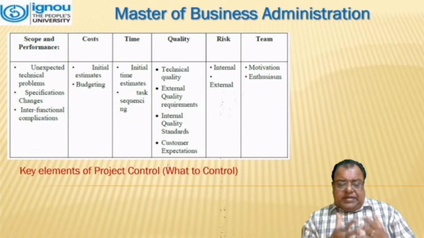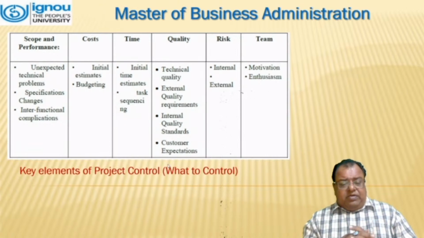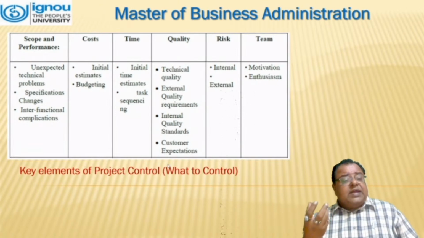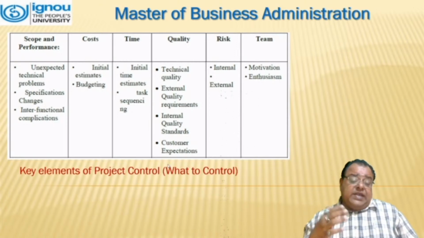These are the basic key elements of project control. The thing is, what to control. If we talk about the scope and performance, it is unexpected technical problems, specification changes, and interfunctional complications. If we talk about the cost, we have to see the initial estimates and what is the budget for that. In terms of time, it is the initial time estimate and the time sequence.